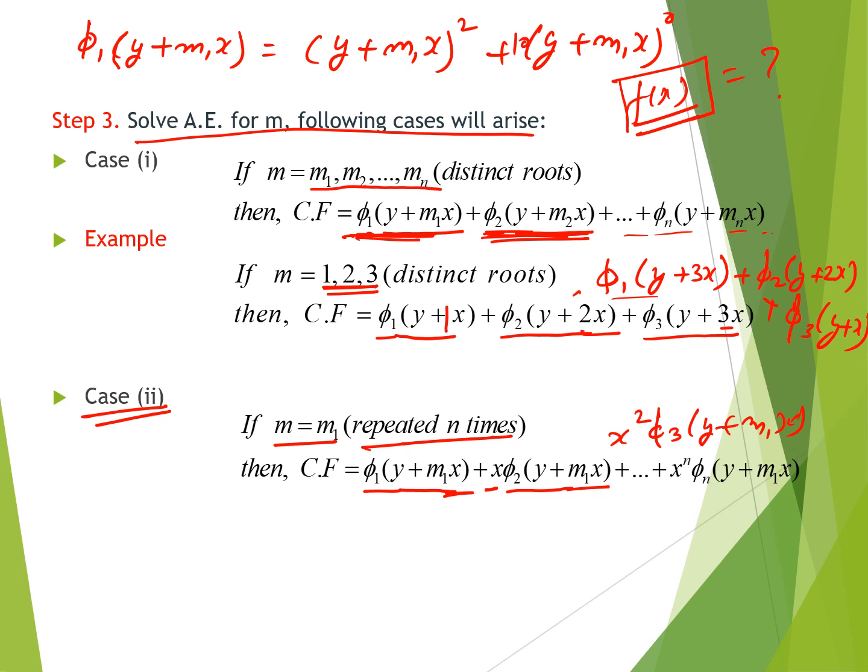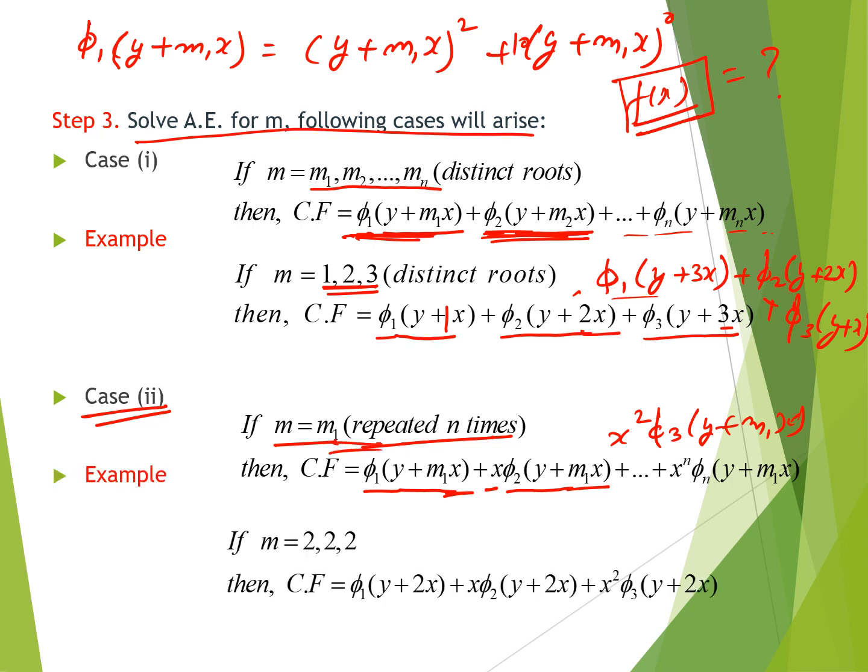The power of x increases with the repeated roots. For this, if we get the three roots 2, 2 and 2, then the CF will be phi1 of (y plus 2x) for the first, for the second x into phi2 of (y plus 2x), and for the third x square phi3 of (y plus 2x). So this will be the CF.